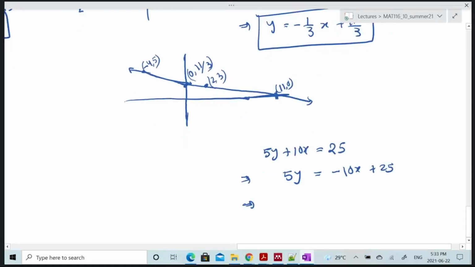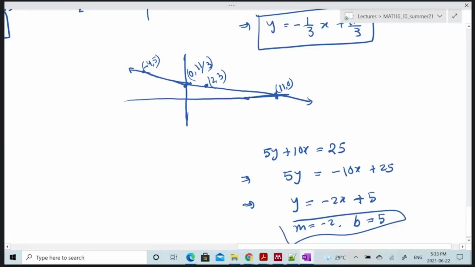Then in order to make y free, I need to divide both sides by 5. So we're going to have y equal to minus 2x plus 5. And then you're going to write here slope m equal to minus 2 and y intercept b equal to 5. That's it.